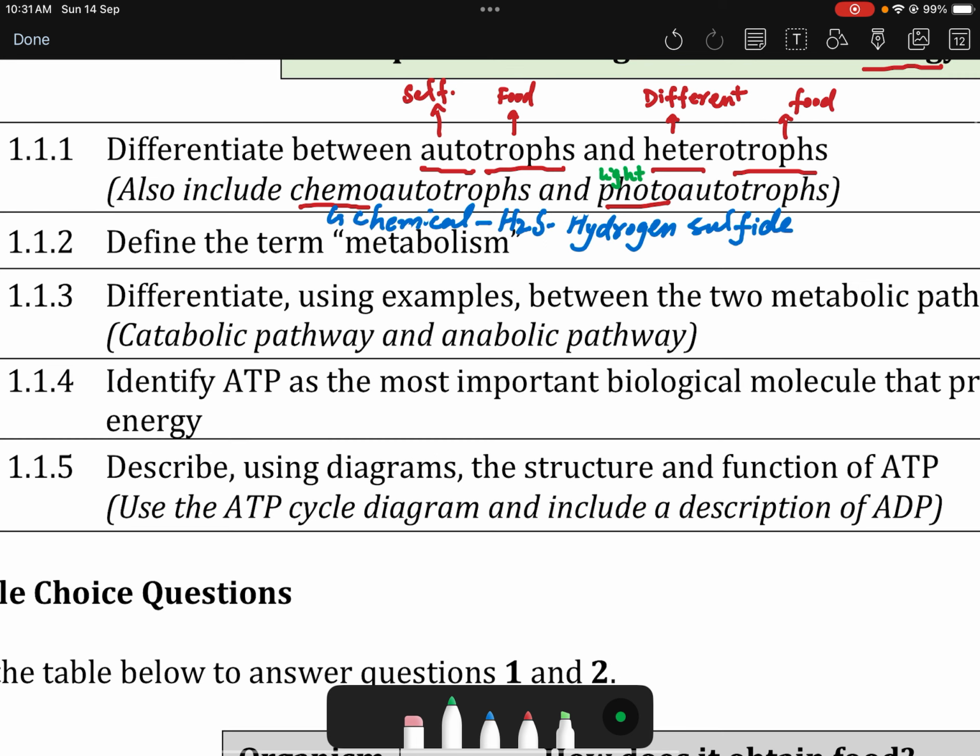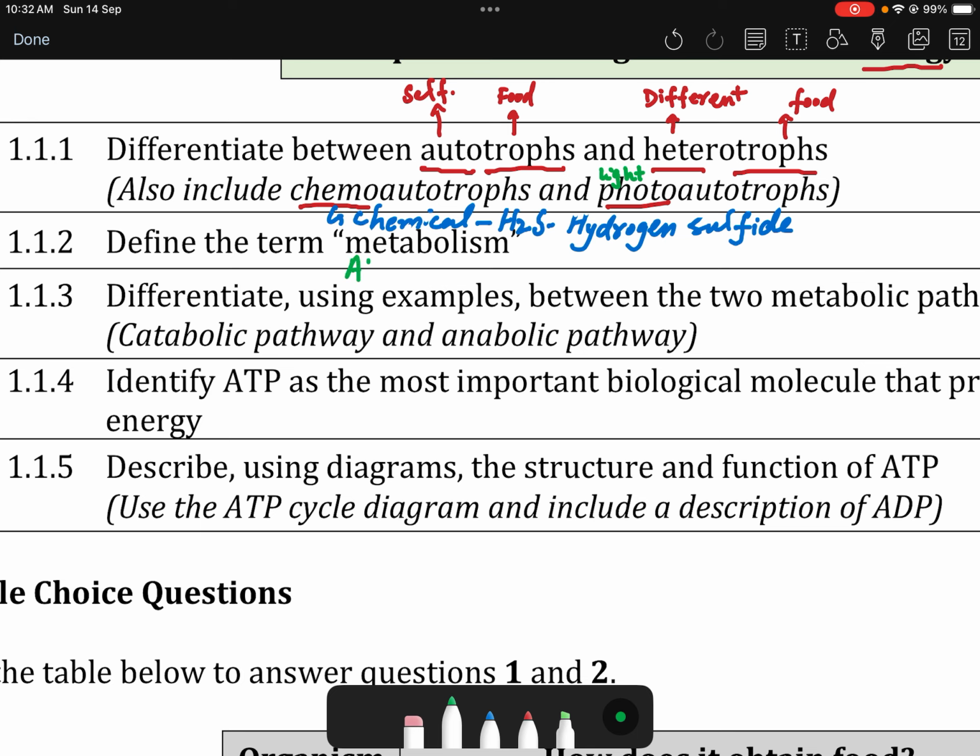Moving to the next definition, that is called metabolism. We need to learn what metabolism means. It is so simple and straightforward: all the chemical reactions which are taking place in the body of an organism, we call them metabolism. So we will define it over here.